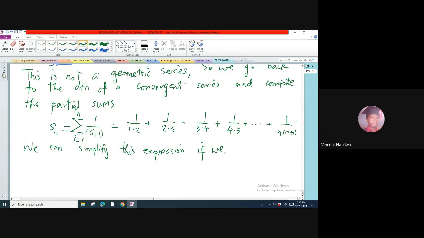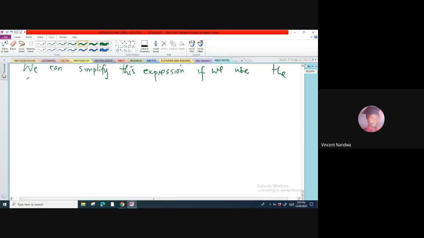If we use partial fractions, so you know that 1 over i times i plus 1, you do the partial fraction decomposition, you should get this.